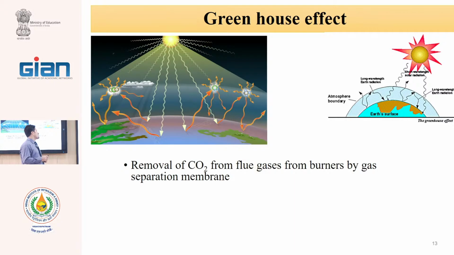And gas separation is very, very important and has had good development in recent years, and most governments in the world force companies to use gas separation membranes on the flue gases.